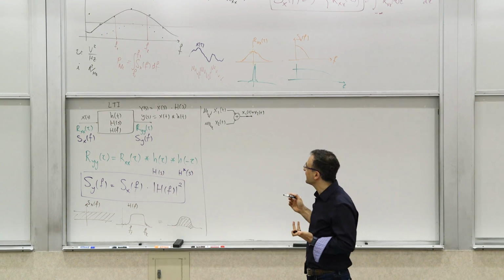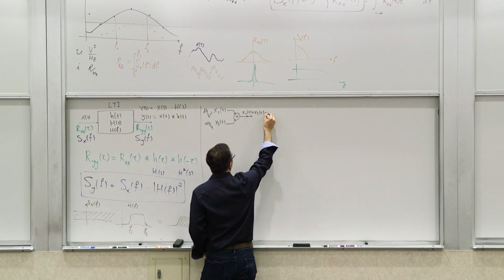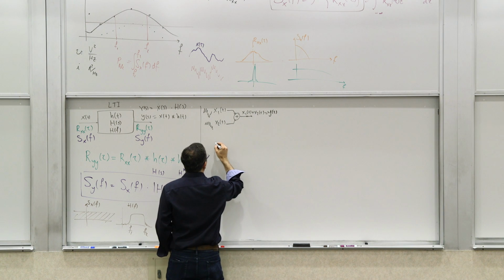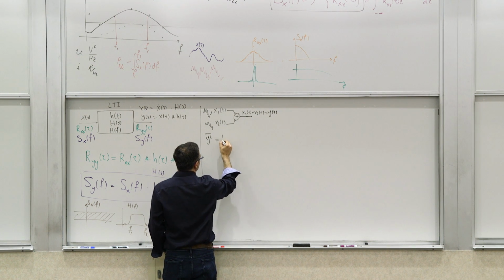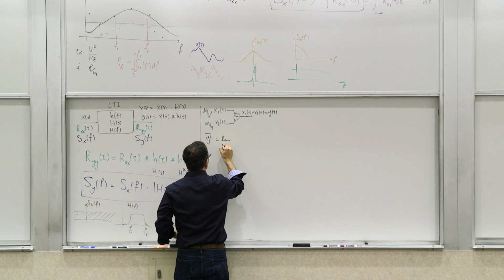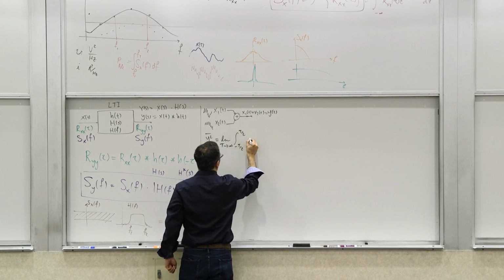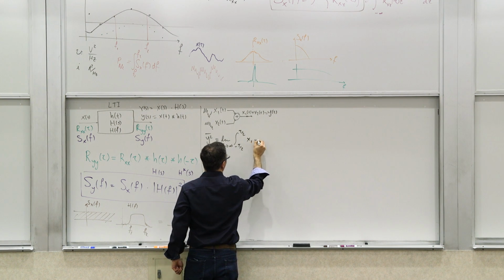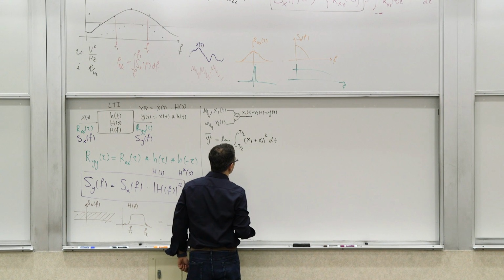Well, let's start with looking at the regular average first. What is the regular average? So let's call this y of t. So the average of y is going to be defined as that integral again, of (x1 plus x2) squared dt.